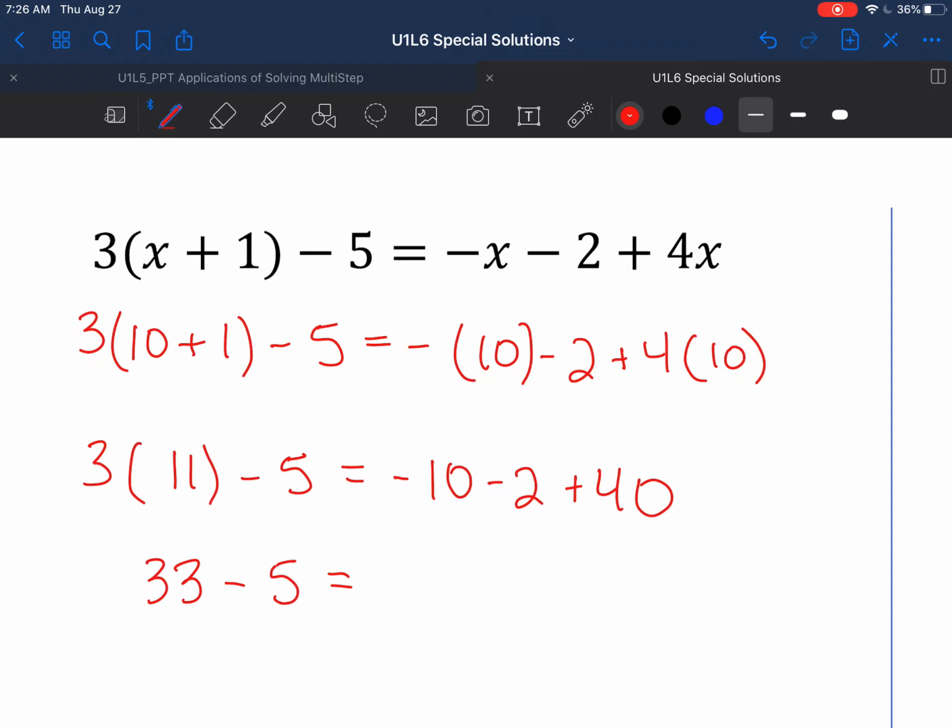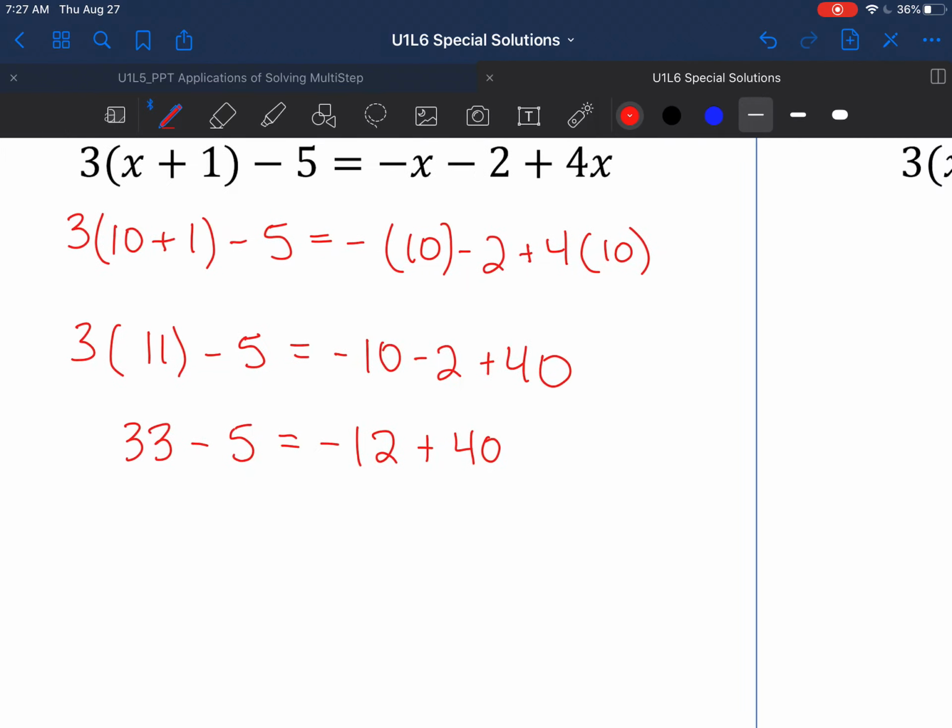Negative 10 and negative 2 make negative 12. And finally, if we take 33 minus 5, we get 28, and if we take negative 12 plus 40, we get 28. Both sides of the equation are now 28, and this is a true statement.